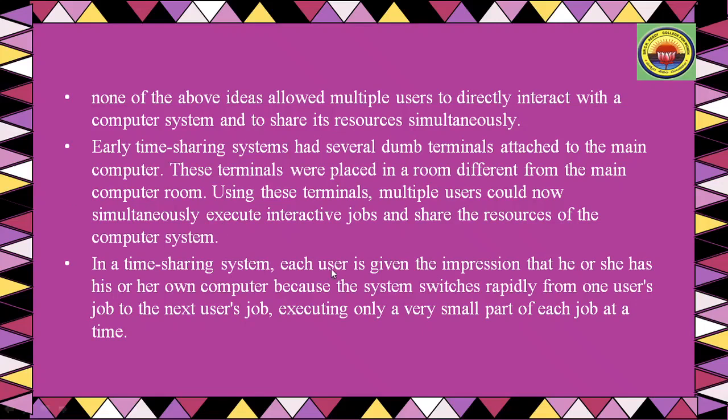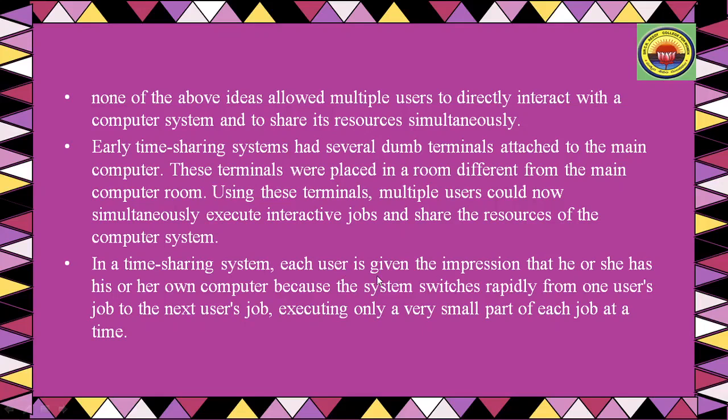So in a time sharing system, each user is given an impression, an illusion, that he or she has his or her own computer. Illusion. Why? Because there is only one main computer room, and a user has only a monitor.